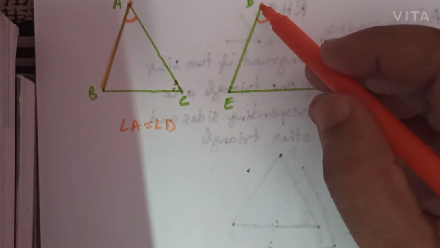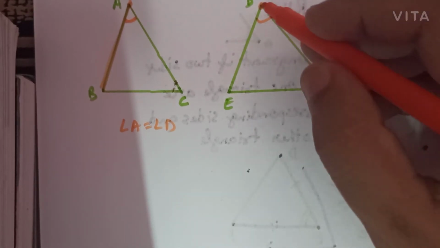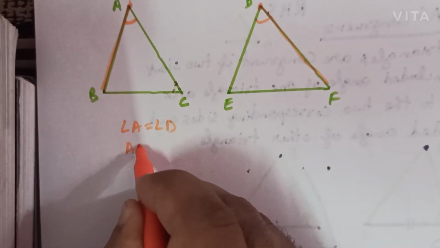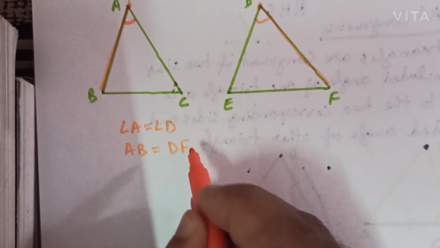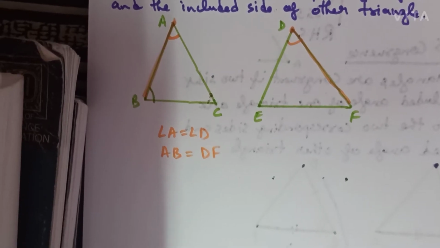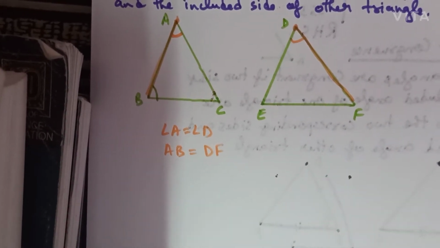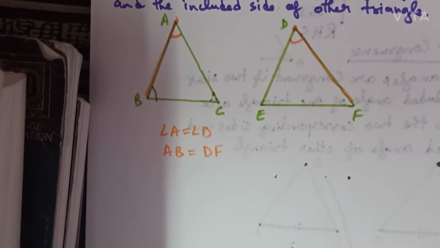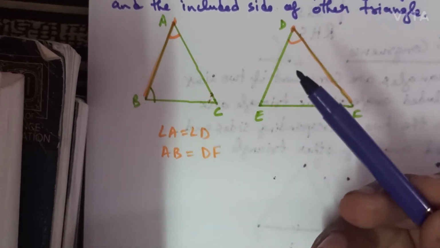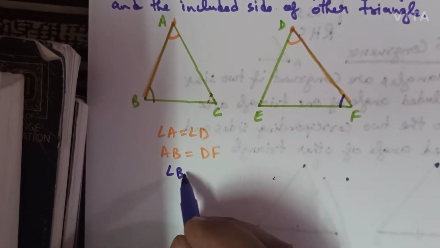We can move from vertex D to either side, like DE, or DF. Let's say we are moving to DF. So line segment AB is equal to DF. And if we look at B, angle B is equal to angle F.